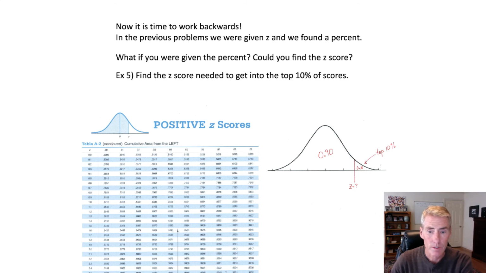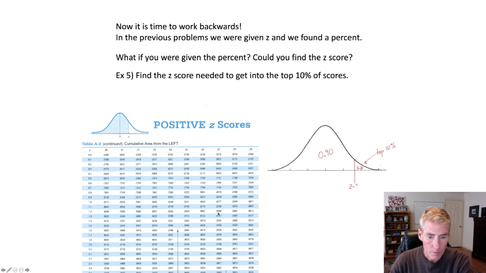So you've got the table. Keep in mind that all of these answers in here pertain to the left side. So for the left side, I've got a 0.90. Since 0.90 is a probability, what I need to do is look through this table for what's closest to 0.90.